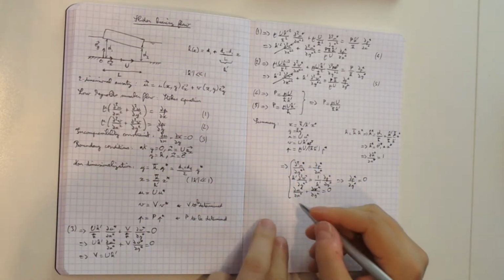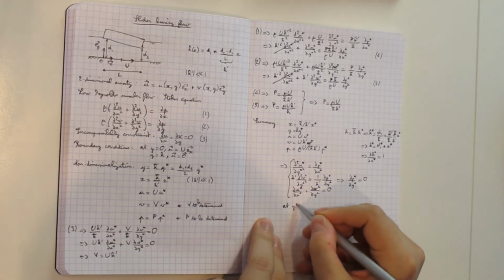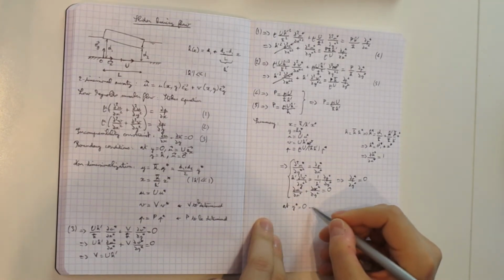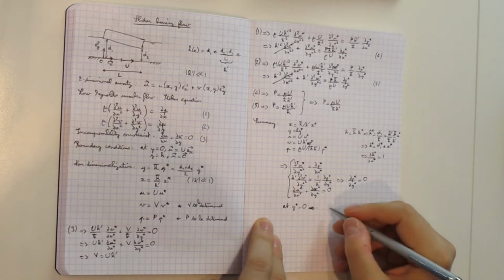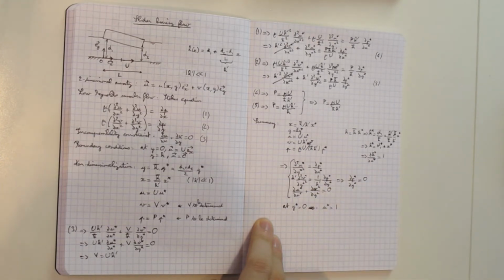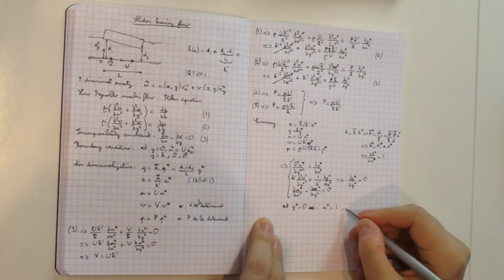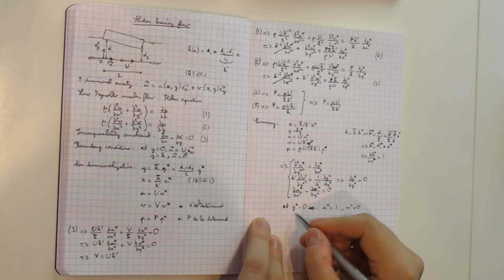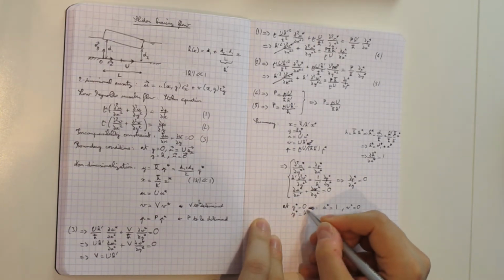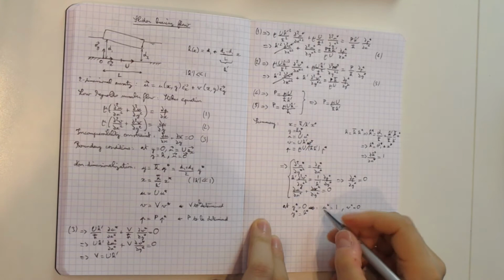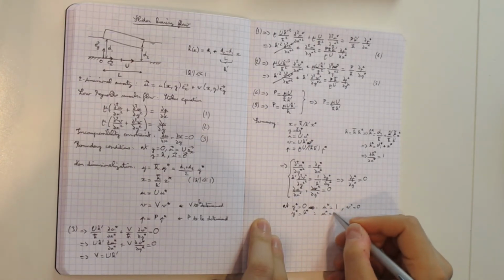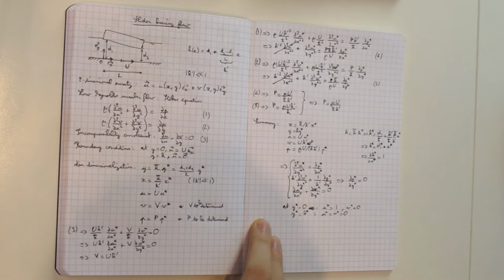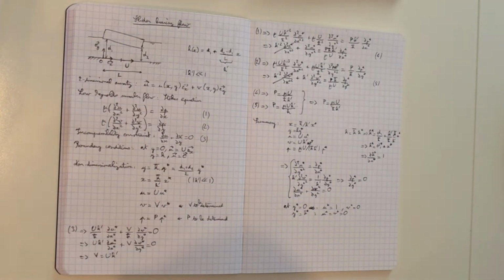And the boundary conditions at y star equals 0: we get that u star equals 1, I'm non-dimensionalizing by U, and v star equals 0. And at y star equals h star, that's our second boundary condition, we get u star equals v star equals 0. And this is the whole problem that we have to solve in these non-dimensional quantities.